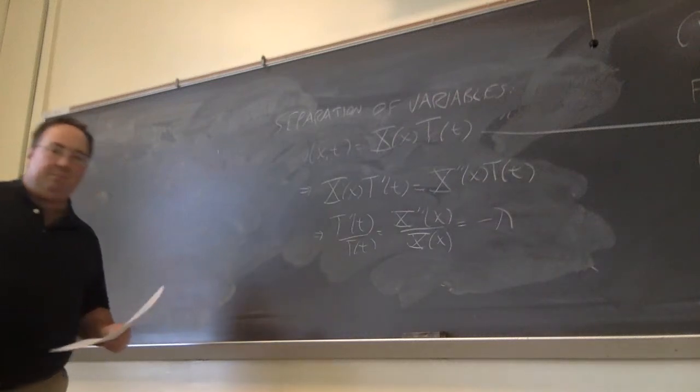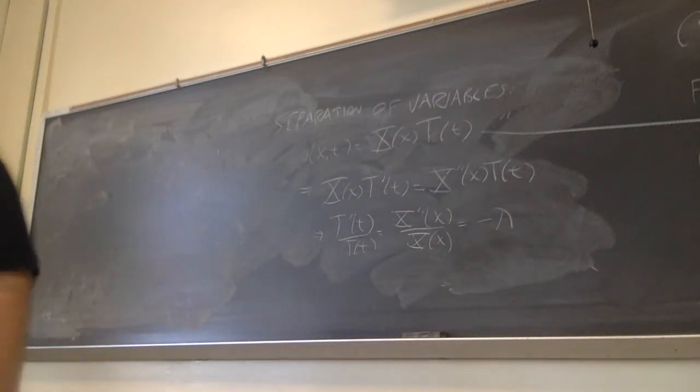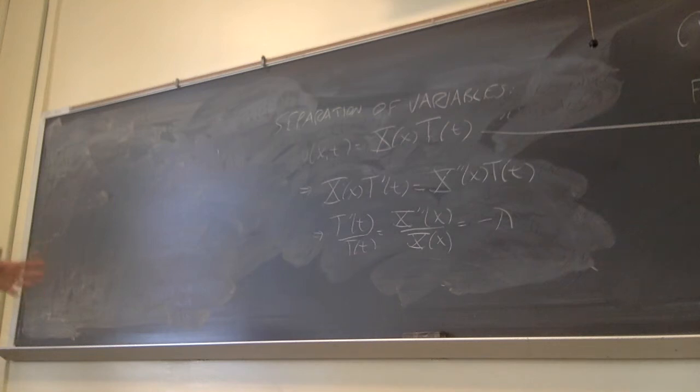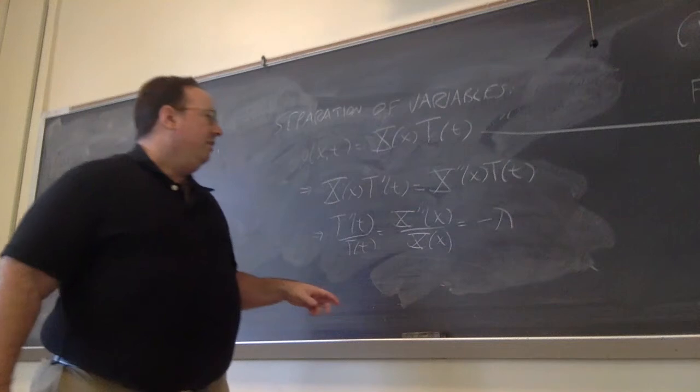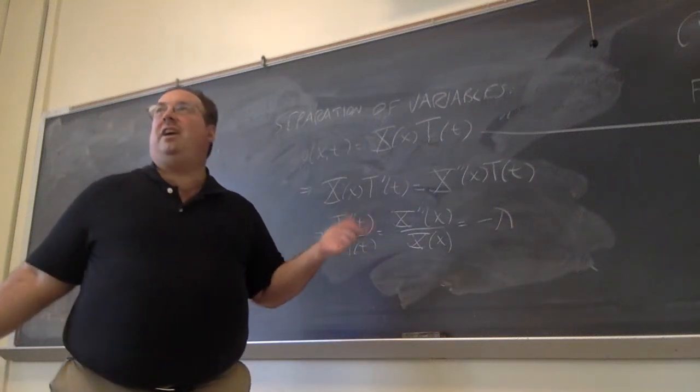And the reason I'm calling it minus lambda, I don't have to do that, but whatever constant you have, it turns out it ought to be negative. And the reason for that is, if it is greater than or equal to 0, then there's no way you can satisfy the boundary conditions.